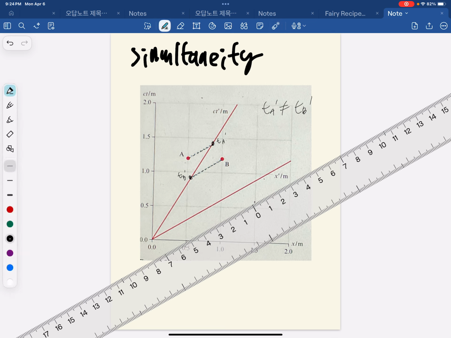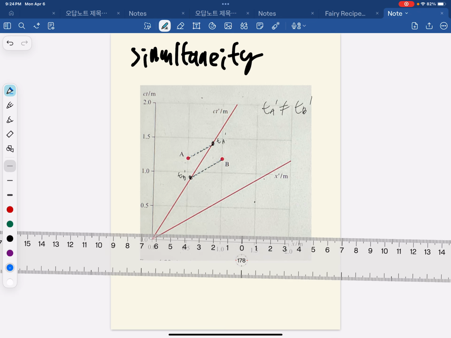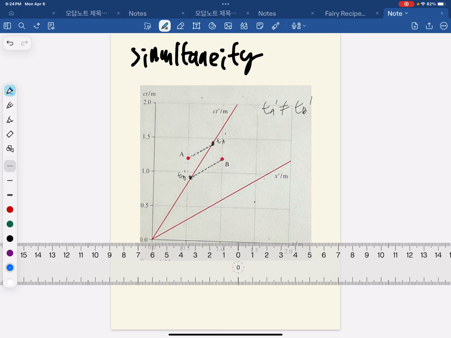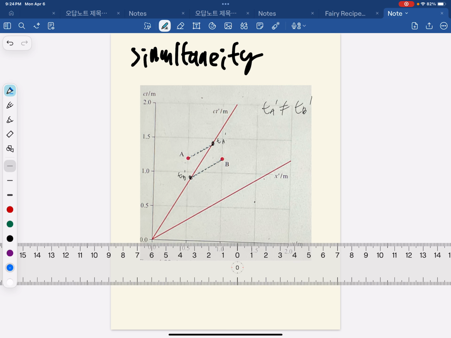Now, what if we're looking at the stationary frame's perspective? Let me use a different pen, a blue pen here. What you're going to do now is angle your ruler so it has the same angle as your x-axis, not x primed, just the x-axis.